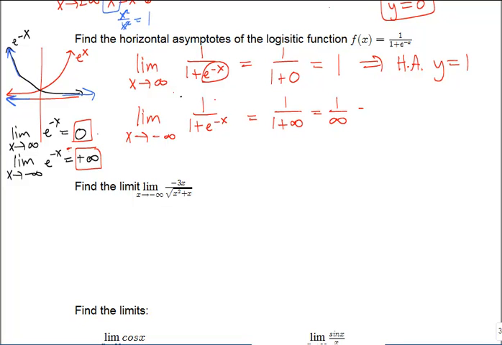Well, what happens to something that's 1 over really, really big? It gets really, really small. So this is going to go to 0. And that means we also have a horizontal asymptote in the other direction that's equal to 0. So this would be an example of a function with 2 separate horizontal asymptotes, one going to the right and one going to the left.